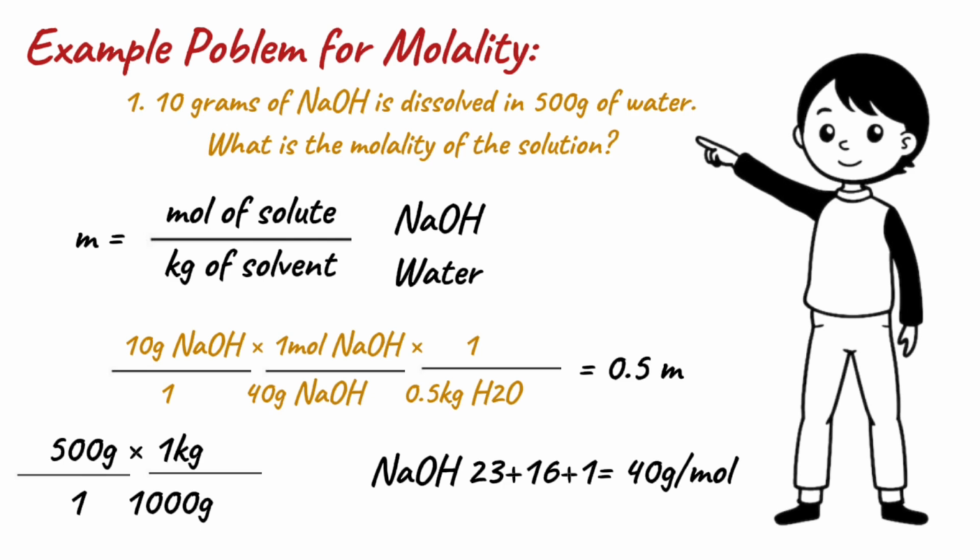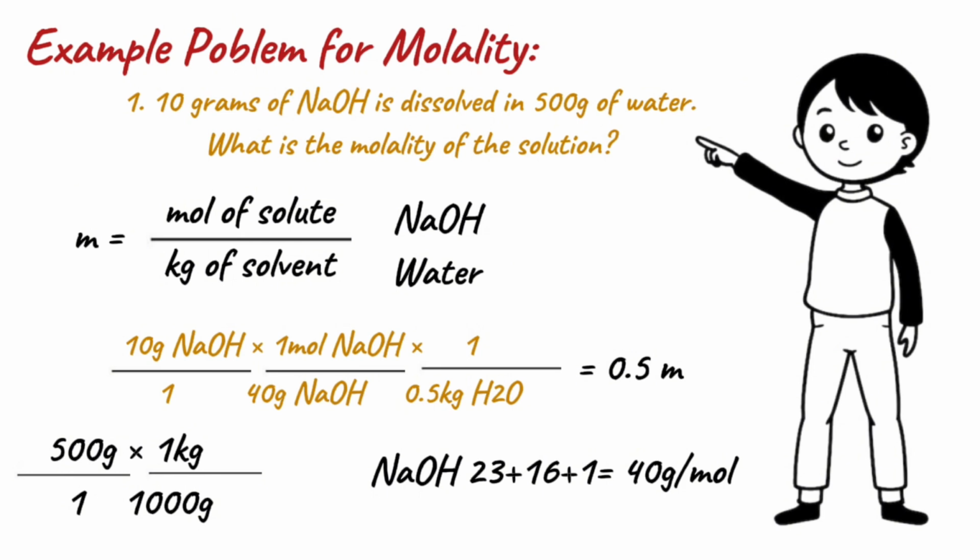For sodium hydroxide, the molar mass is going to be 23 for Na, 16 for oxygen. For hydrogen, you could use 1.00 or 1. So we have 1 mole of sodium hydroxide for every 40 grams of sodium hydroxide.